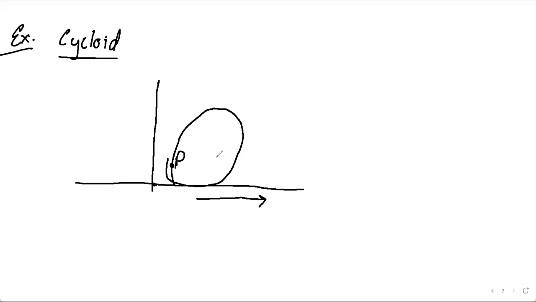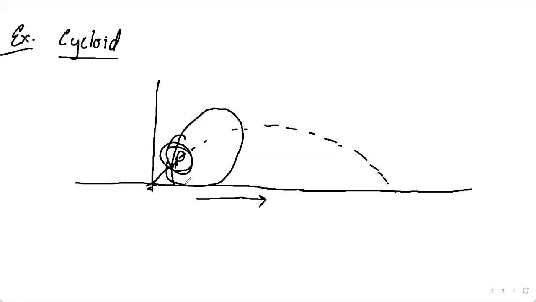That means it's an ideal motion of a circle without any friction or any other resisting forces. So it looks like something like this. This is what is known as a cycloid, and it repeats. It's a periodic thing. The path traced by this point P is known as the cycloid.